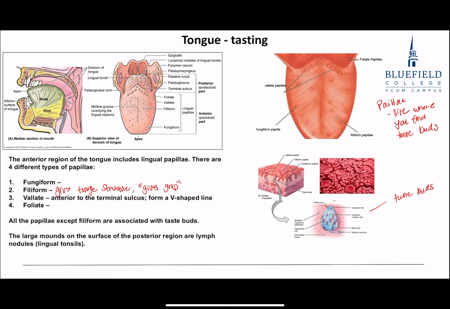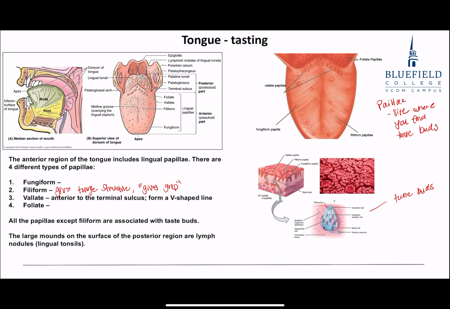And between the two arches, there's this depression or fossa, the tonsillar fossa, and that's where the palatine tonsil is found. So when a kid has his tonsils out, the parents will say, oh, he had his tonsils out. These are the tonsils they're referring to, the palatine tonsils.